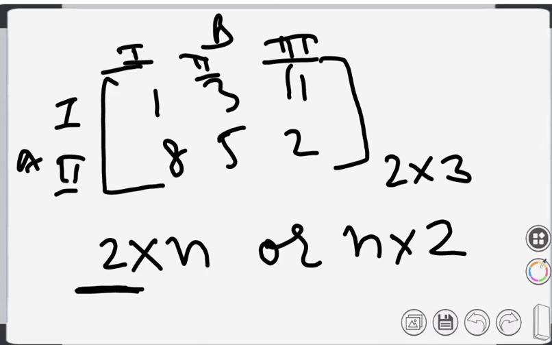Either A has 2 strategies or B has 2 strategies. If any one of the players has exactly 2 strategies, then the game can be solved using the graphical method.